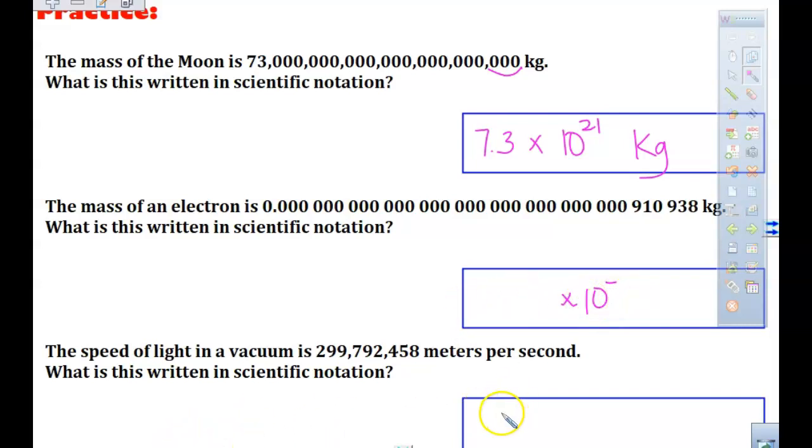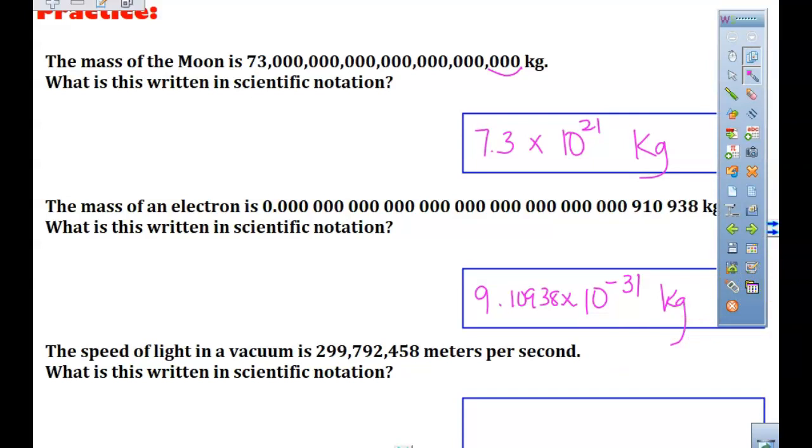Start counting. The first number, 9.10938 times 10 to the negative 31, and then we want to put our label, kilograms. Okay?